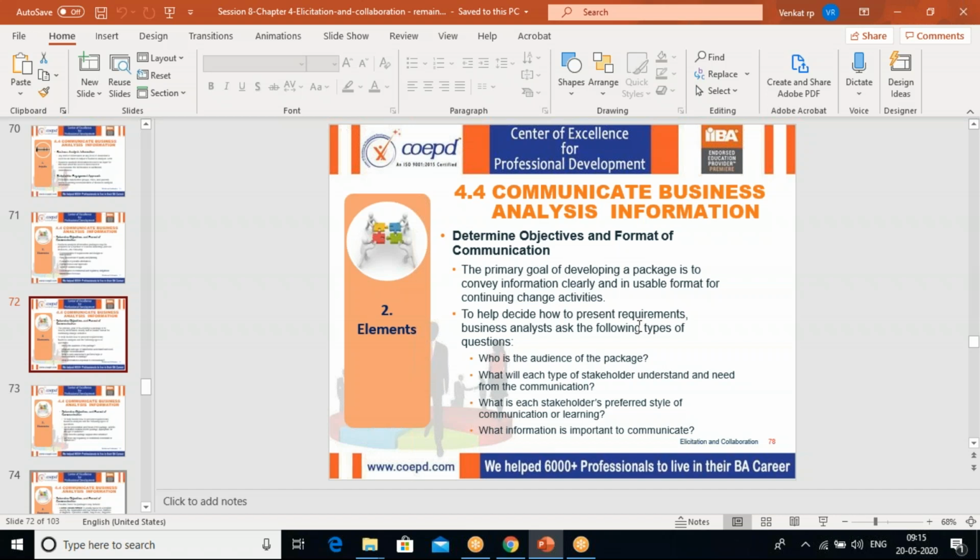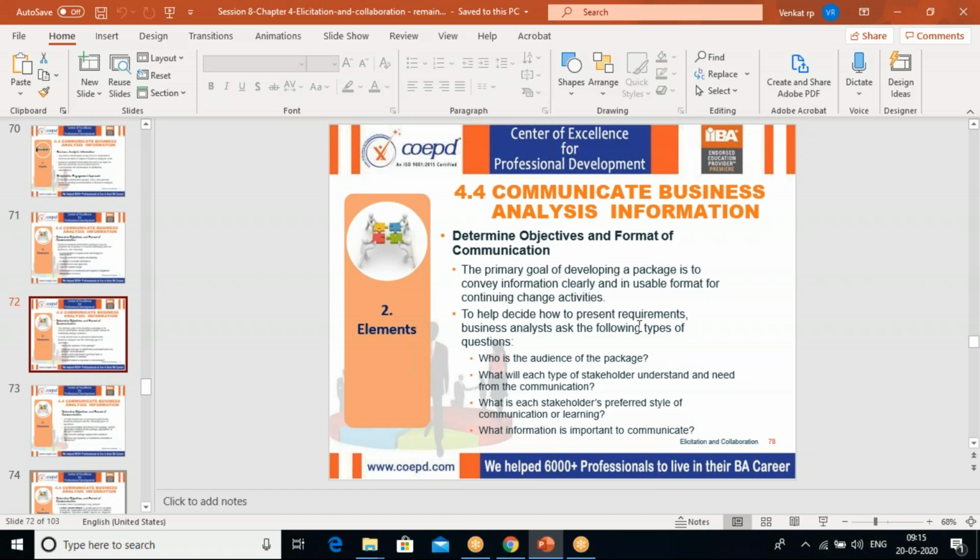What information is important to communicate? Are the presentation and format of the package and the information contained in it appropriate for the type of audience? How does the package support other activities? Are there any regulatory or contractual constraints to conform to? So all this we should be understanding here.